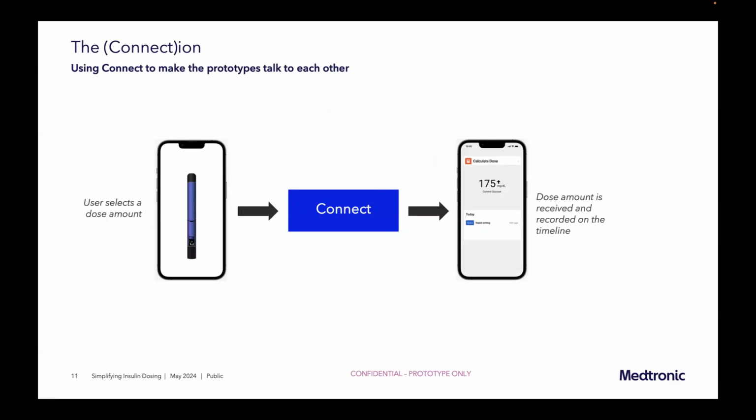And sure enough, with ProtoPie, we can. So in the pen app, the user selects an amount that communicates through Connect and goes over to this dosing app. So the dosing app gives a recommendation. You dial something in the pen, and the pen communicates back to the dosing app.